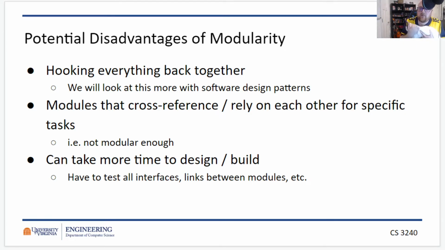It can take more time to design and build this system because you have to worry a lot about interfaces working together. For instance, if I just made a controller with a custom charge cable, it might be very easy for me to say, okay, this is exactly how much amperage and wattage I need for this controller to work.